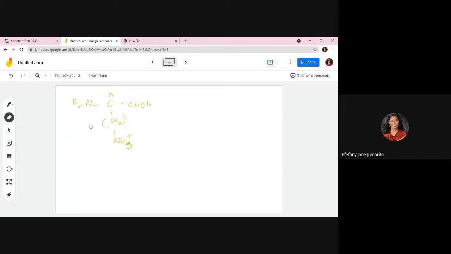NH4, CH2, CH2. Okay, so this is your lysine. Now, it says here your lysine has 2.18. So, pK of 2.18.